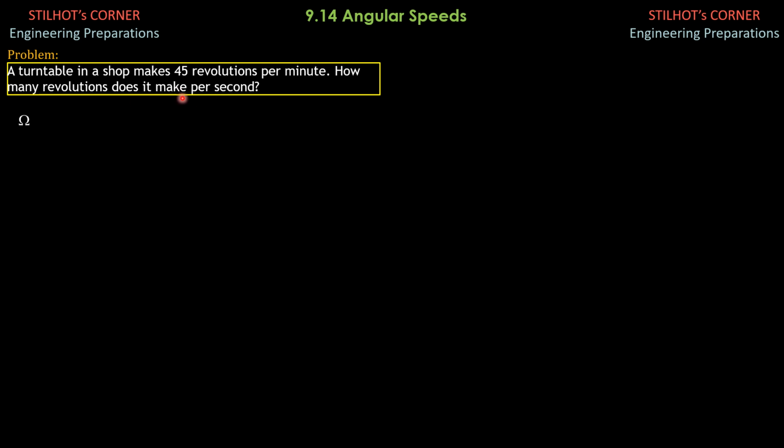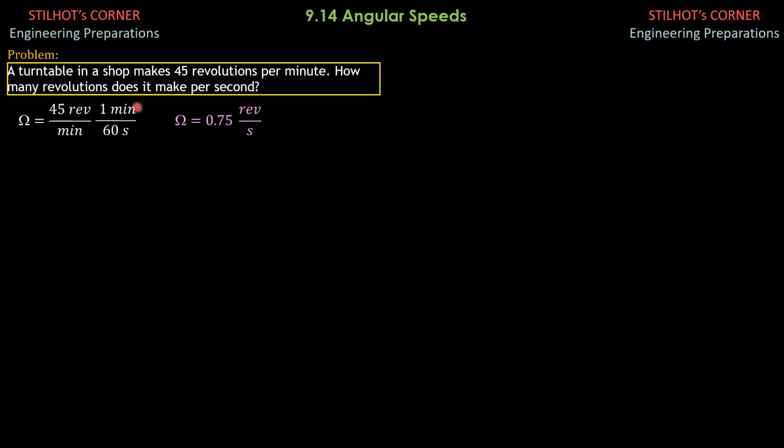So angular speed omega is 45 revolutions per minute, and we multiply this by 1 minute per 60 seconds. Canceling out minutes, the unit is now revolutions per second, and that is 3/4 or 0.75 revolution per second.